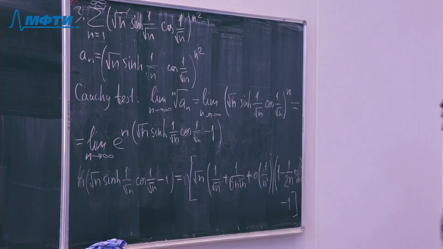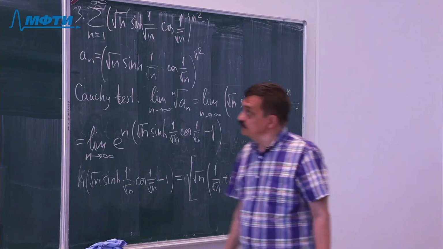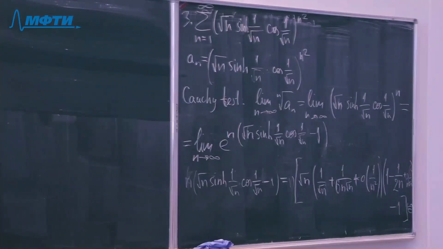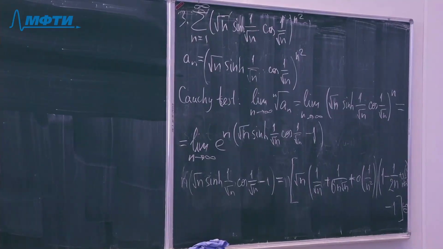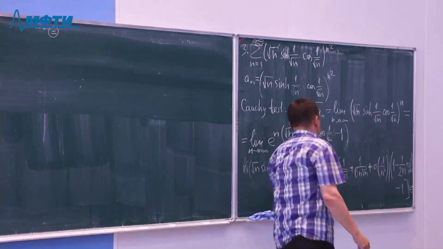So what remains? Let's compute what remains. I'll multiply square root of n to the first.